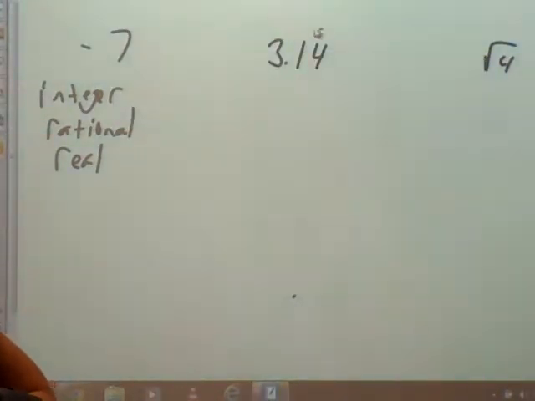Let's scoot on to 3.14. Natural, yes or no? No, naturals didn't have any decimals in them, did they? Whole? No. Integer? No. Rational? Yes. Because it's not the whole pi. It's just 3.14.